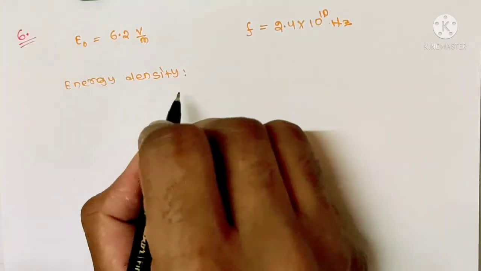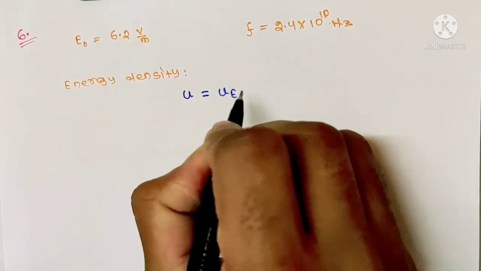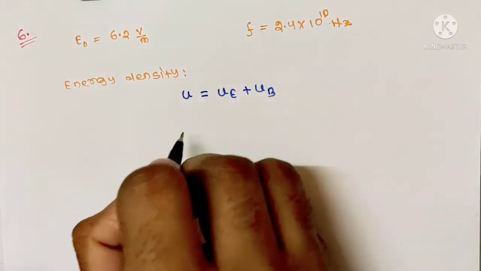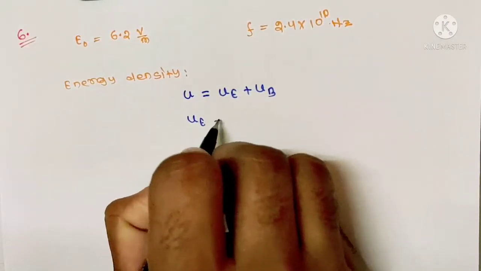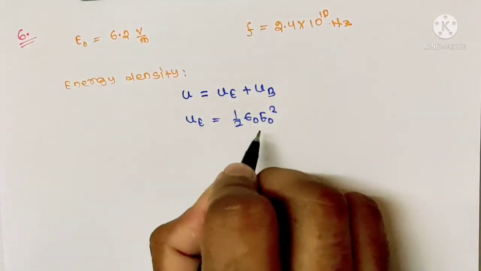We know energy density U equals to energy density of electric field plus energy density of magnetic field. We have U_E equals to half epsilon naught E naught square, E naught being the amplitude of electric field.